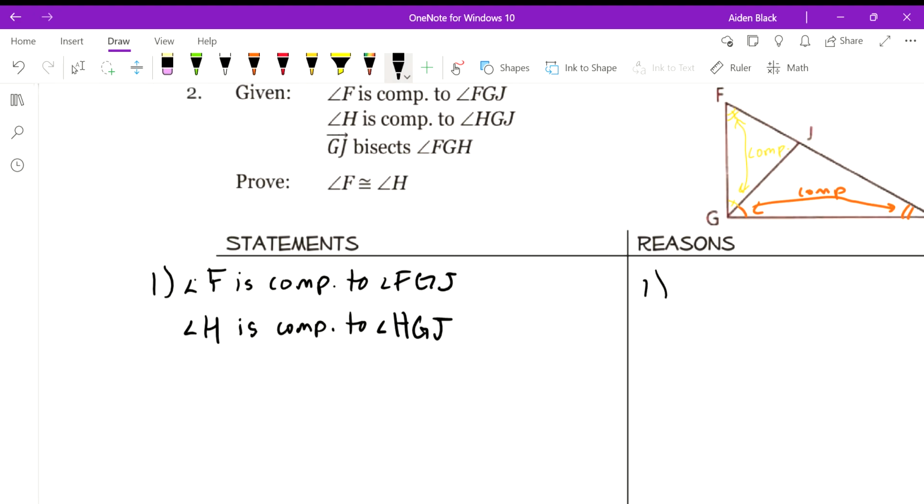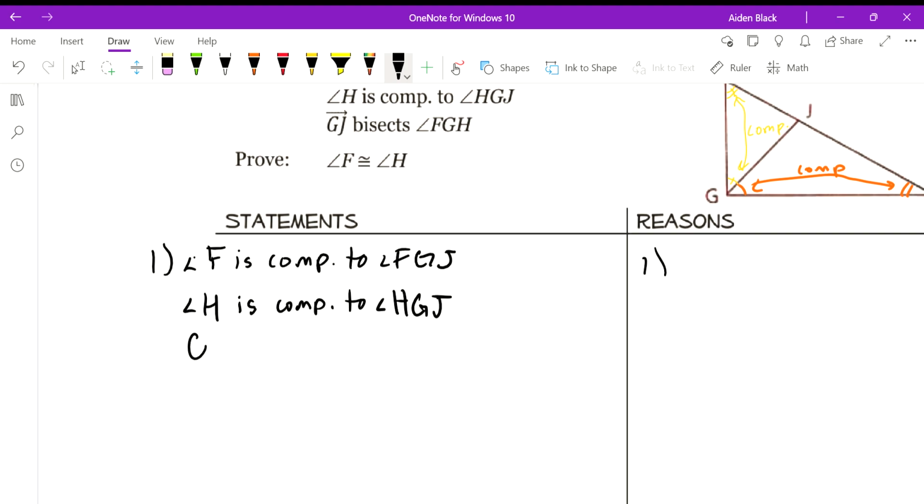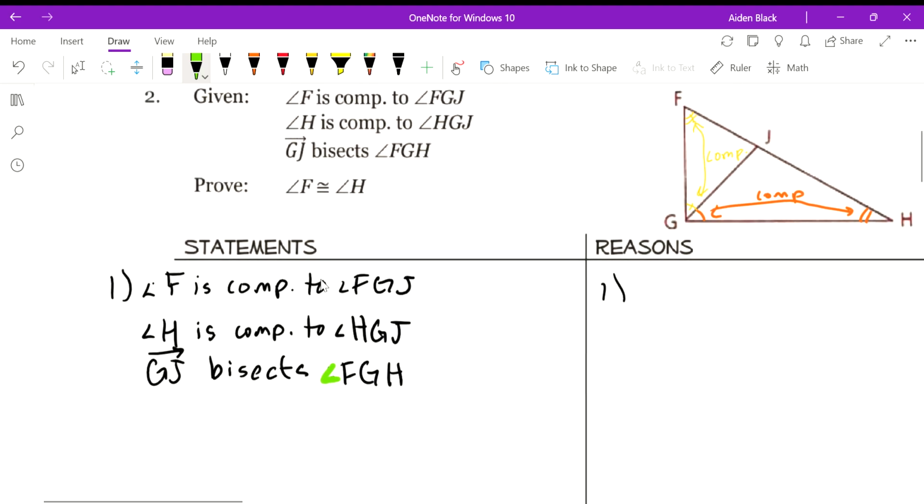And then lastly, we have this bit of information, ray GJ bisects angle FGH. So this angle here, angle FGH, is being bisected.